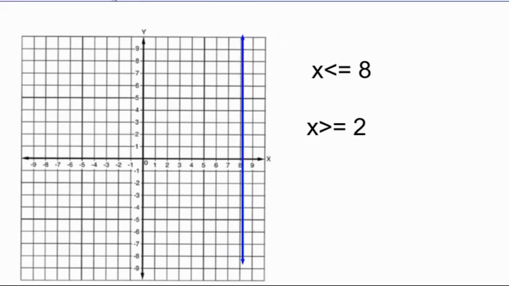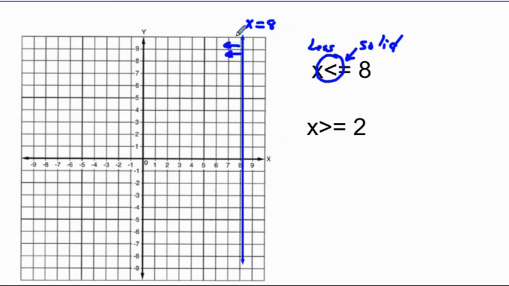Sorry about that. So here x equals 8, and it should be less than or equal to. So this is going to give me the solid line, and this is going to give me the less than right here. So I want everything that's over that way.